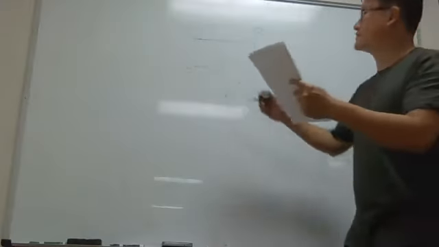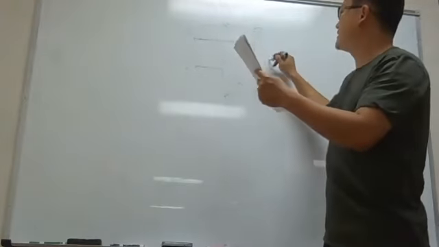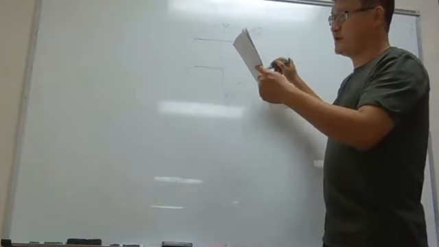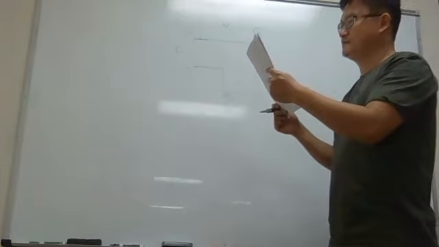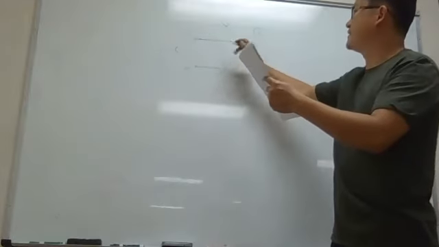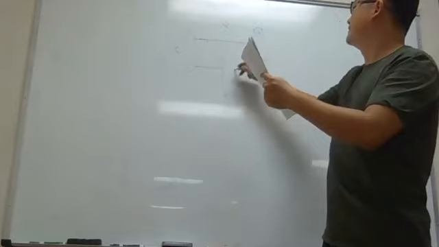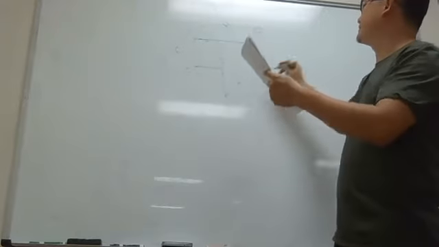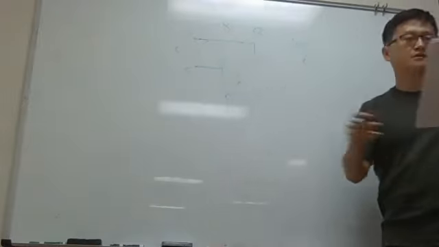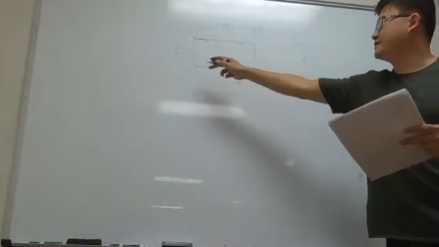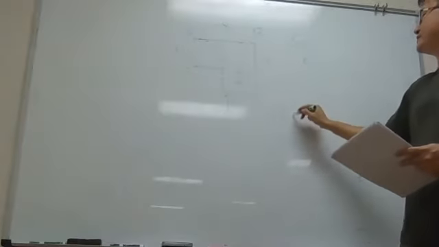AB is 8, that's 9, AF is 5, and you know the area of this thing here is 52. You ask what is DE plus EF. So DE is that, EF is this, so DE plus EF.